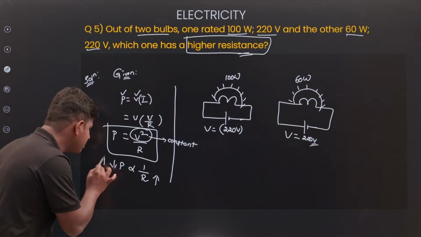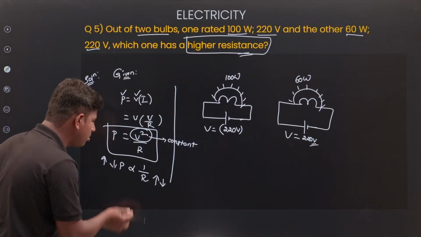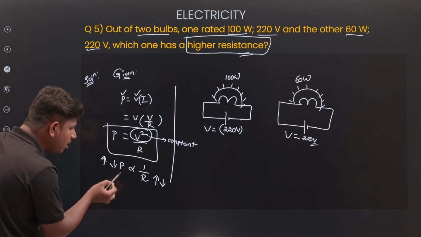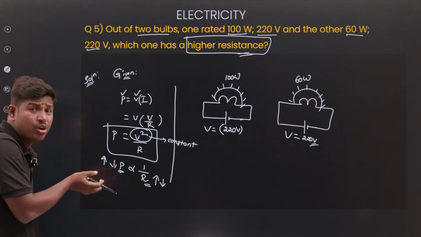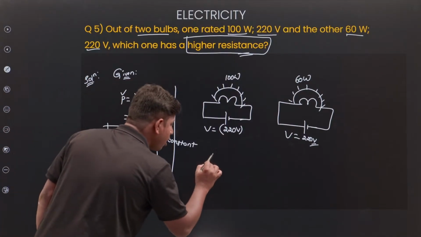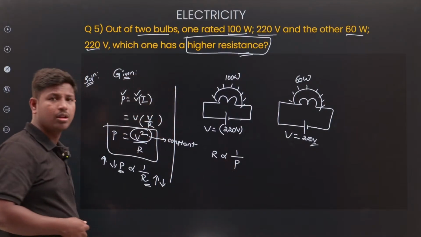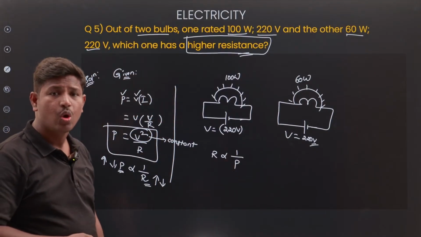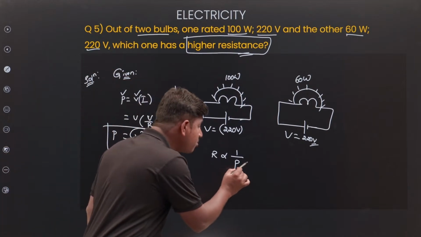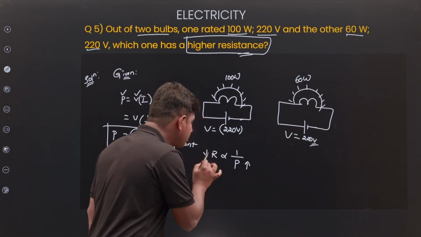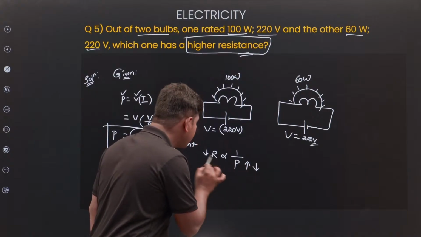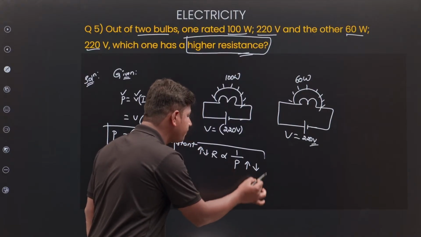Power increases, resistance decreases. We know the power, we don't know the resistance, right? Then R is proportional to 1 by P. If power is more, resistance is less. If power is less, resistance is more.